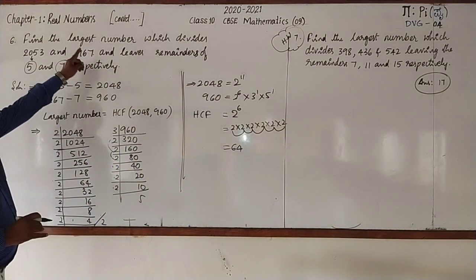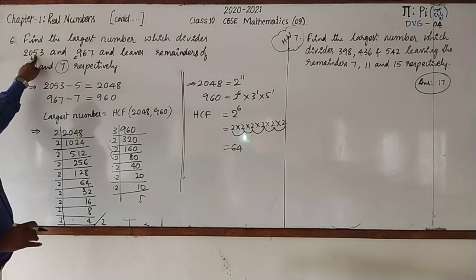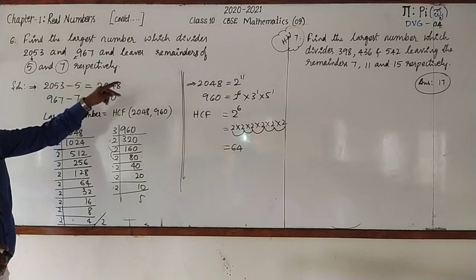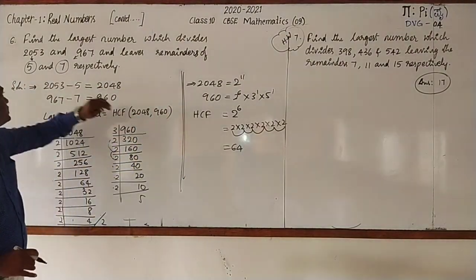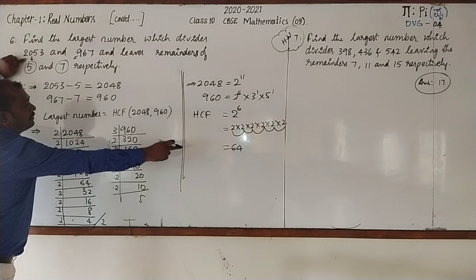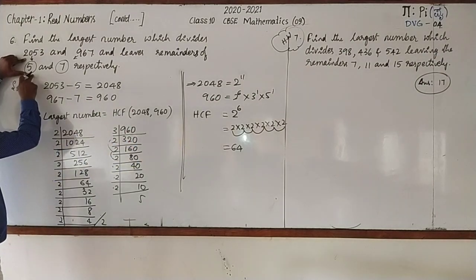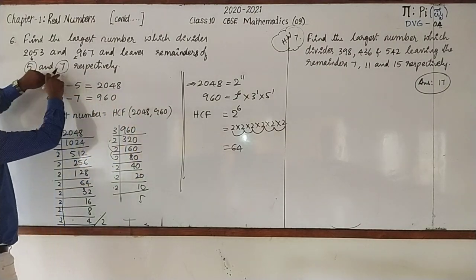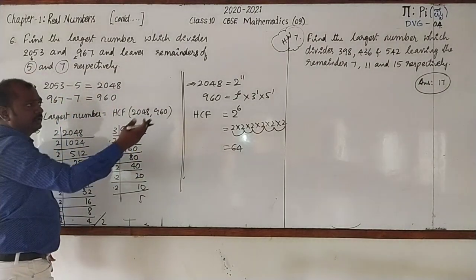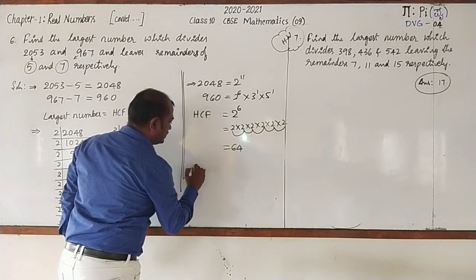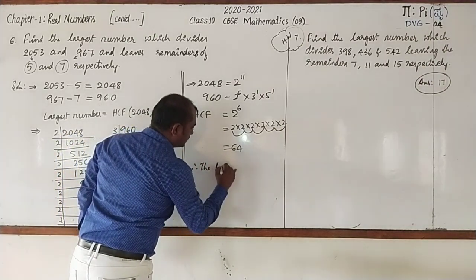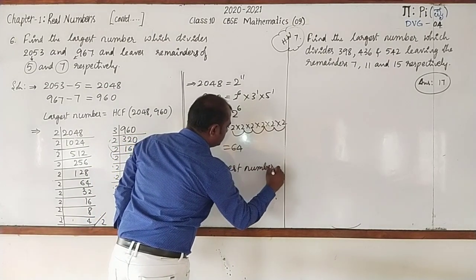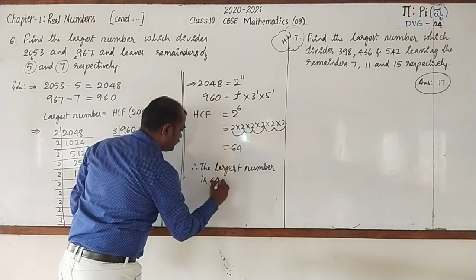Therefore, the largest number which divides these two numbers and leaves remainders 5 and 7 respectively is 64. That means when you divide 2053 by 64, you will get the remainder 5, and when you divide 967 by 64, you will get the remainder 7. You can verify as we did in the previous problem. Therefore, the largest number is 64.